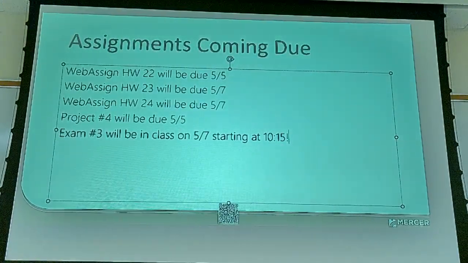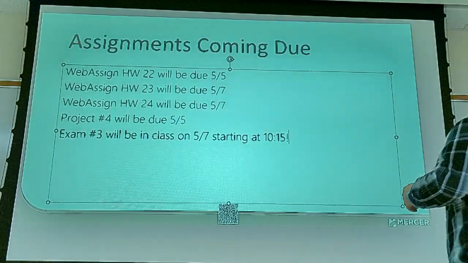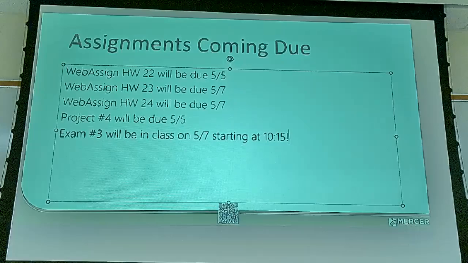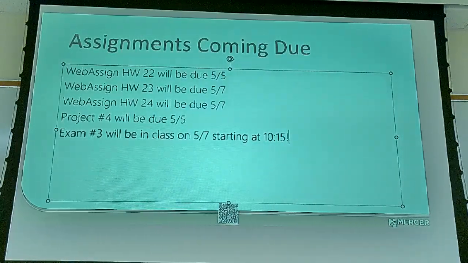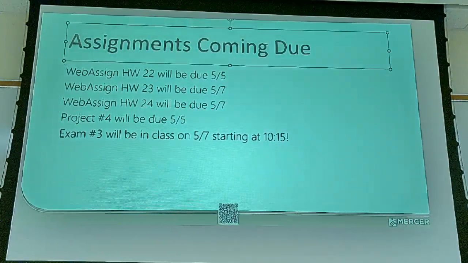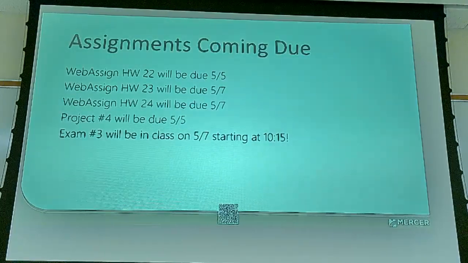Part 1 is 70 points, which is only material since exam 2. Then part 2 is 30 points, and that'll be material from the first 2 exams. So the heaviest focus is on the new stuff. 70% of the exam is new, 30% is the old stuff.